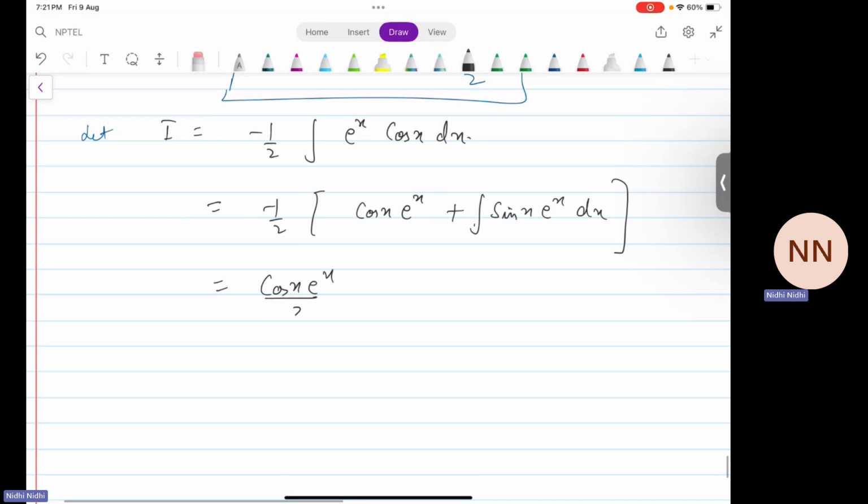minus 1 by 2 sin x as it is, e to the power x, minus integration of derivative of sin x, which is cos x, e to the power x.